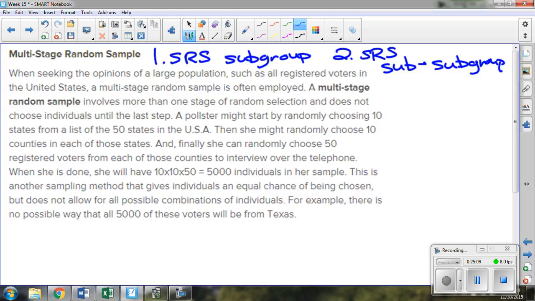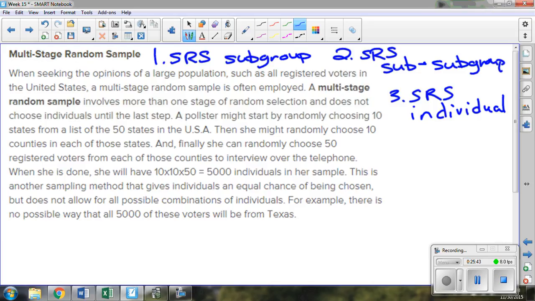How many stages is irrelevant. It can be 2 stages, it can be 10 stages, it can be a million stages. Although a million stages would be a crazy amount of work. But basically, you're taking a group within a group, and then in that very last step, you will still do a simple random sample of the individuals in the subgroups that got picked.